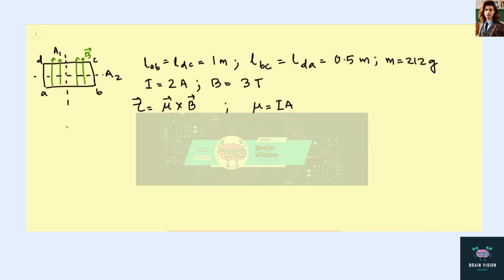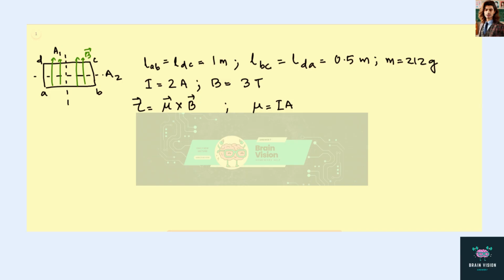Whichever the case is, there will be no torque about A1, because the cross product will just be zero. But there will be a torque about A2, because the torque is only along the top and bottom sides of the coil.